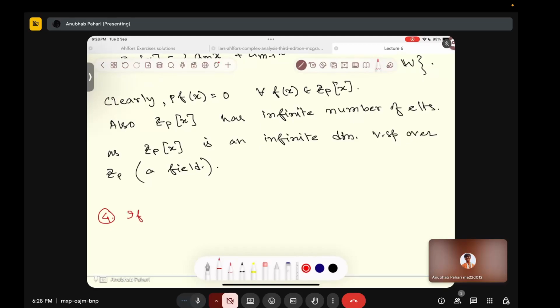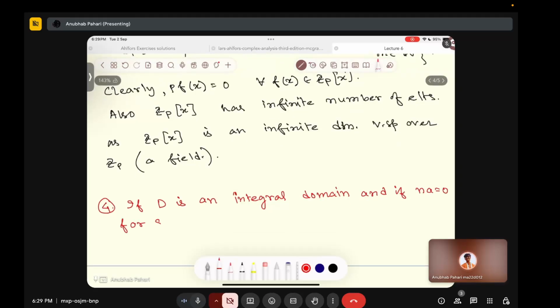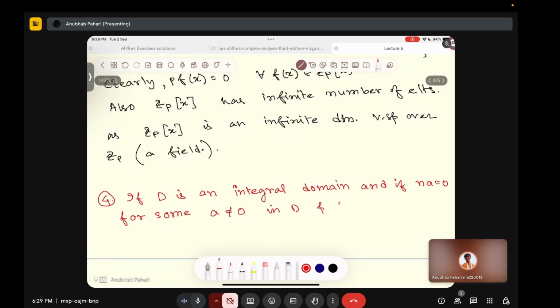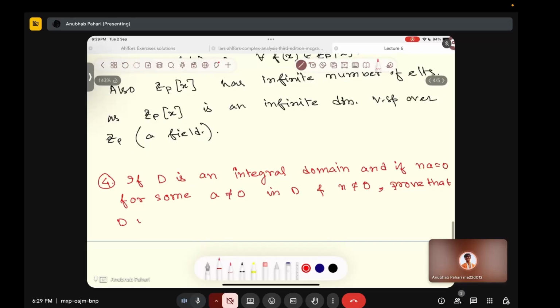If D is an integral domain and if NA equals to 0 for some A not equals to 0 in D, and obviously N not equals to 0, prove that D is of finite characteristic.